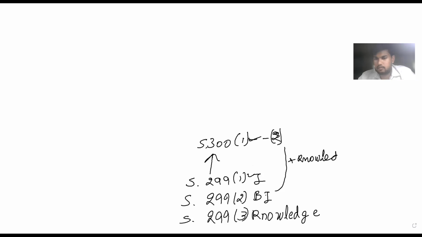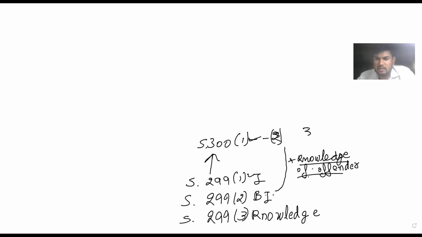Remember, knowledge of offender. The swollen spleen example, swollen appendix example, a punch with the knowledge that he has a swollen or inflamed appendix will result in death. So if knowledge of offender is there, section 299 2 bodily injury is there, plus offender knows that such bodily injury is likely to cause death.